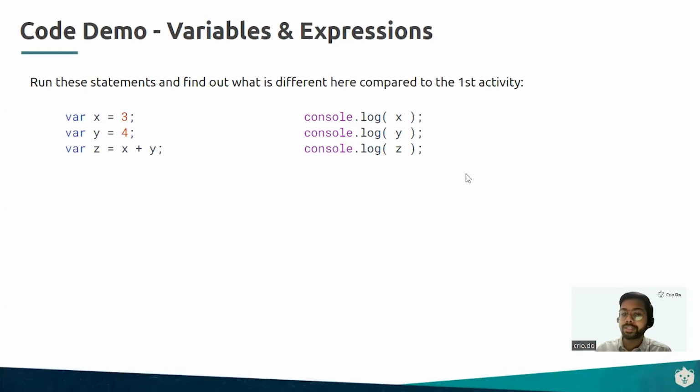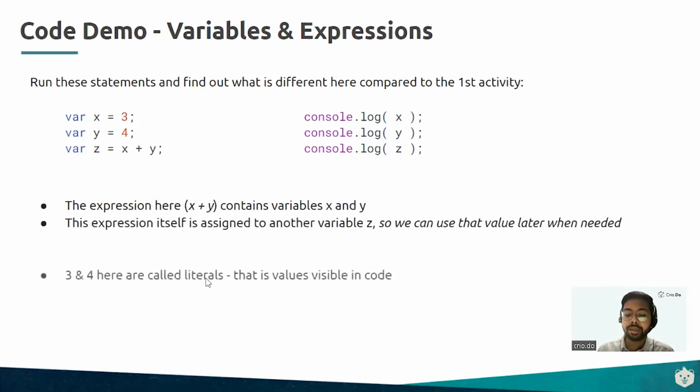So what do we understand out of here? That expressions don't necessarily have to be the direct values itself. You can even store these values into some variables and use variables in your expressions as well. That is also supported in JavaScript. So whenever there is a value which is directly visible in the code, we can also call them literals.